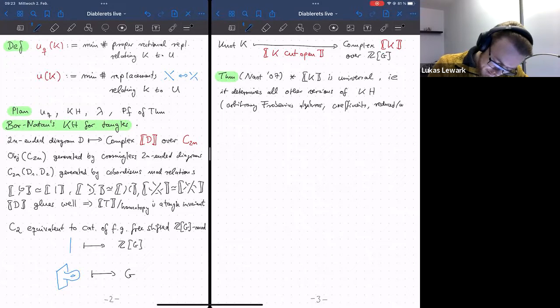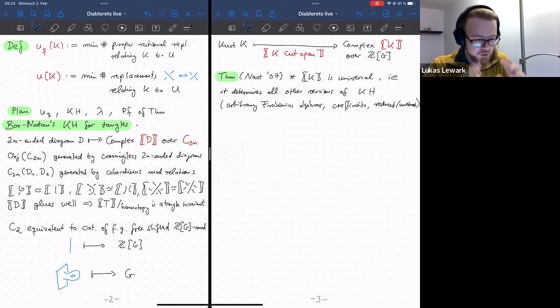Of course, there are other versions like colored homology, which are something else, but all such versions are determined by this ZG homology.